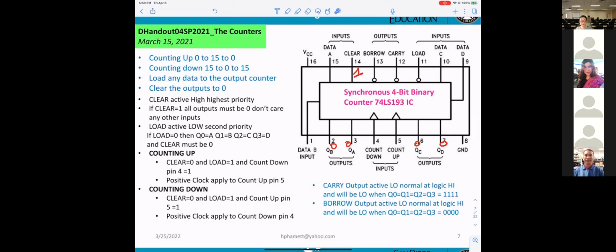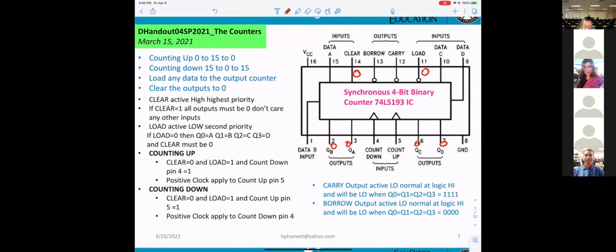After the clear, the next control in the circuitry will be load. In order to load, first you set load to 0. However, clear cannot be 1. If clear is 1, you cannot load. So clear has to be 0.